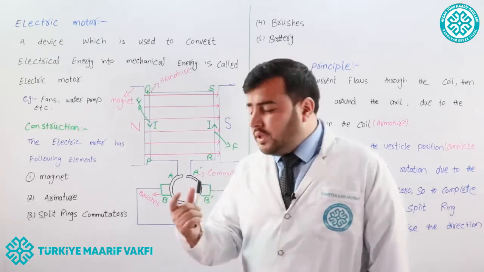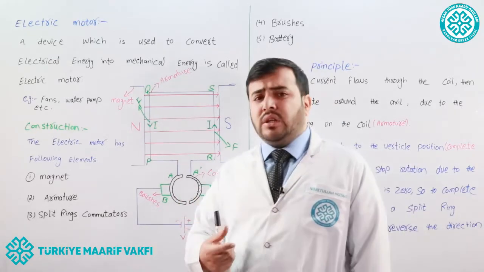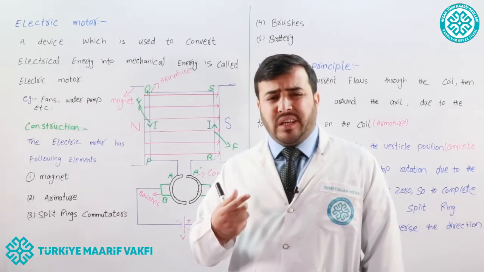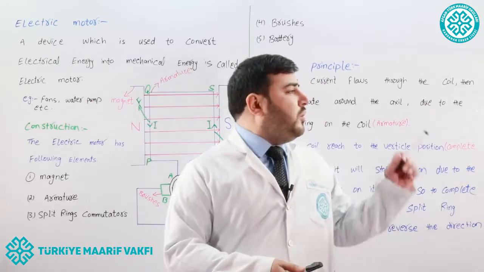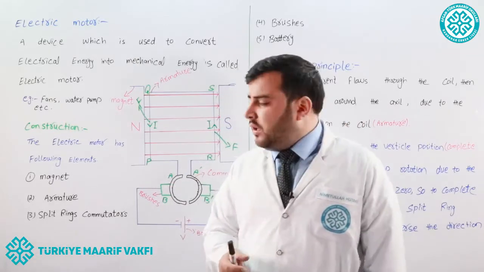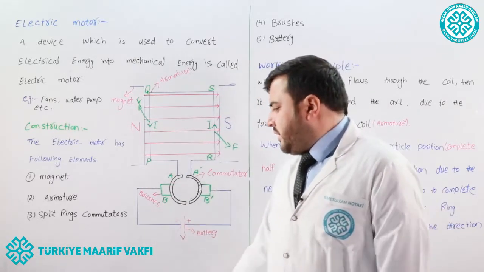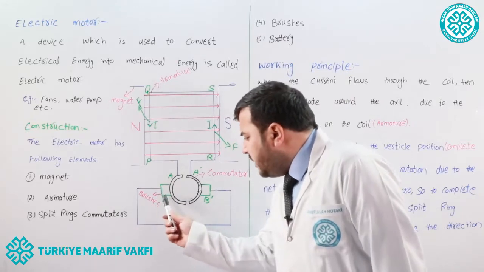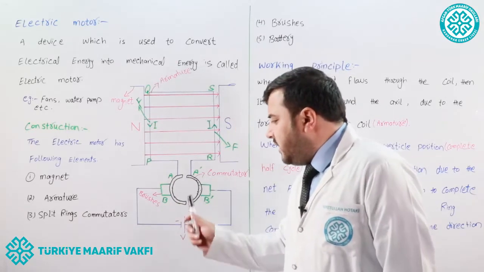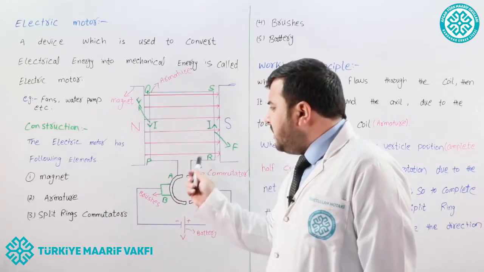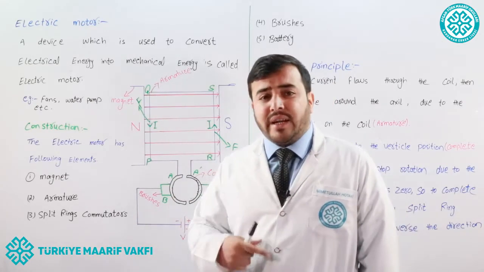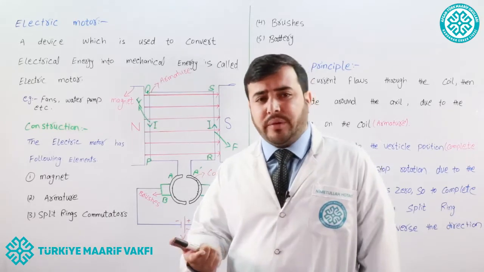Now, how these split ring commutators reverse the direction of the current, we will study in the working principle. One thing more, this split ring commutator is connected with the rectangular coil, or armature.